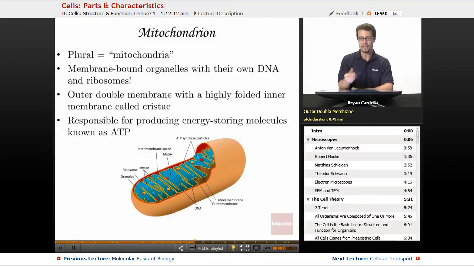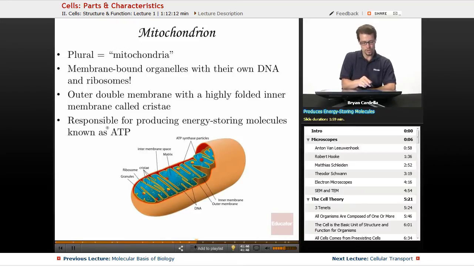And the reason why it's highly folded is important. You have a lot more membrane in here when it's folded up, just like how the outside of your brain is folded. Those convolutions of your brain can jam-pack a lot more matter into that area when it's folded. It's the same idea here. You have a lot more chemical reactions happening inside of the mitochondria thanks to the cristae that's folded up.